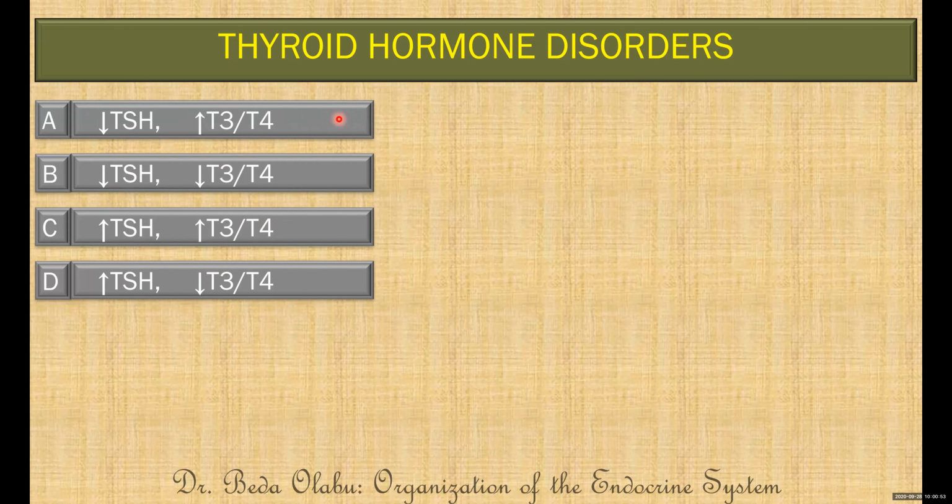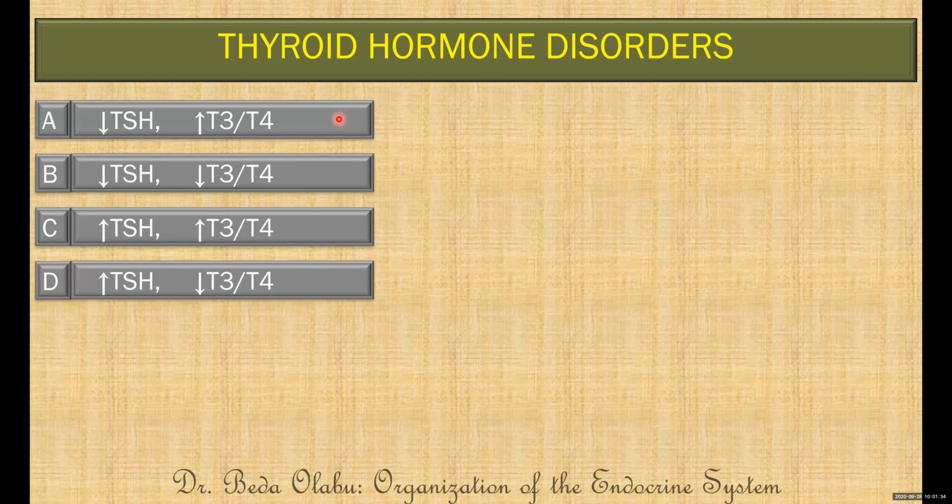Any volunteer to tell me, patient A, is this hyperthyroidism or hypothyroidism? Hello. Yes, Andrew. I think patient A is hyperthyroidism. Okay. Andrew, why do you say so? Meaning that the thyroid gland is producing more of T3 and T4. Okay. So Andrew is right.